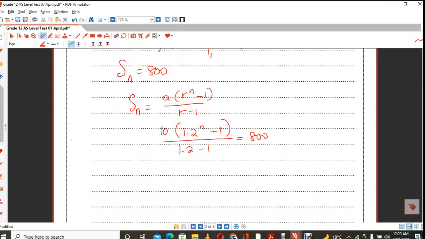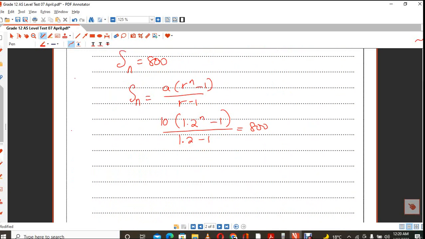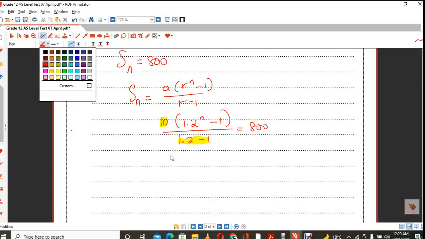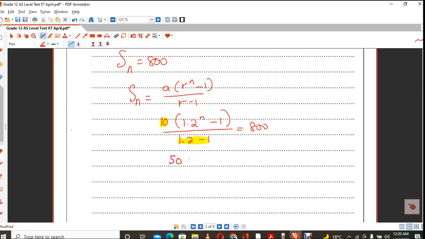So we clean that up. If you take the difference here and divide it into that, you're going to end up with 50. Then you have 50 times 1.2 to the n minus 1 is equal to 800.